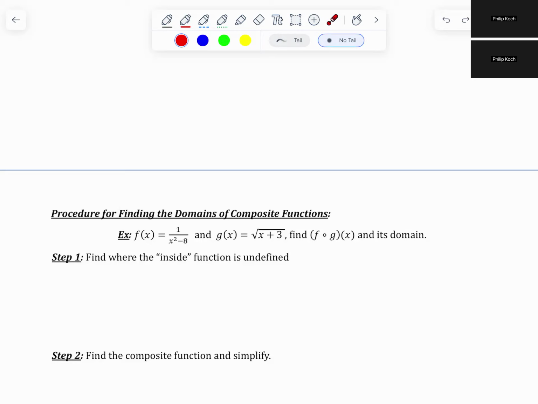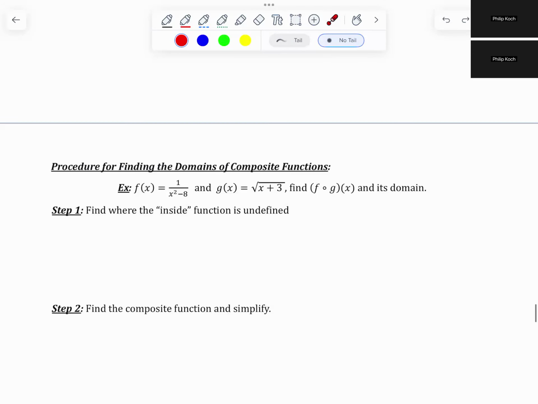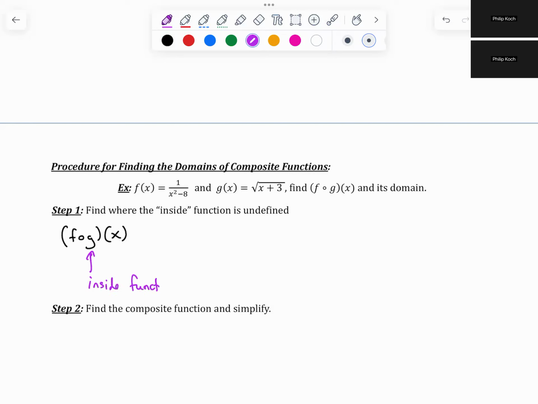So first things first, you're going to find where the inside function is undefined. So we're doing f composed of g of x. So g is the inside function. So g of x is equal to the square root of x plus 3.